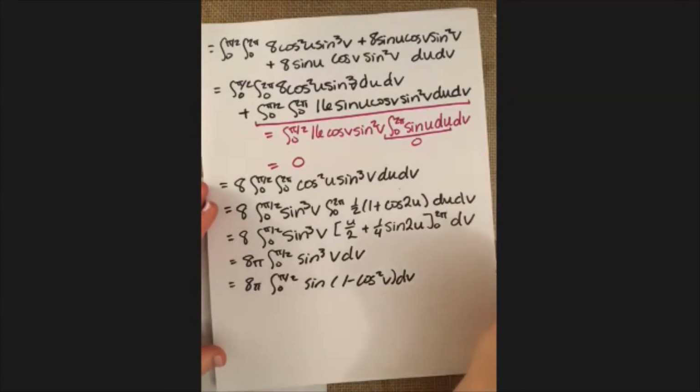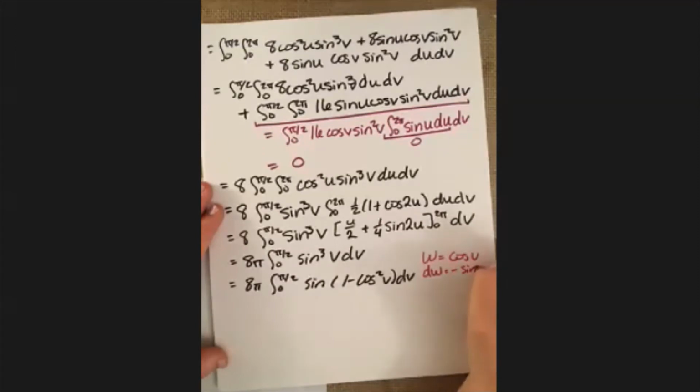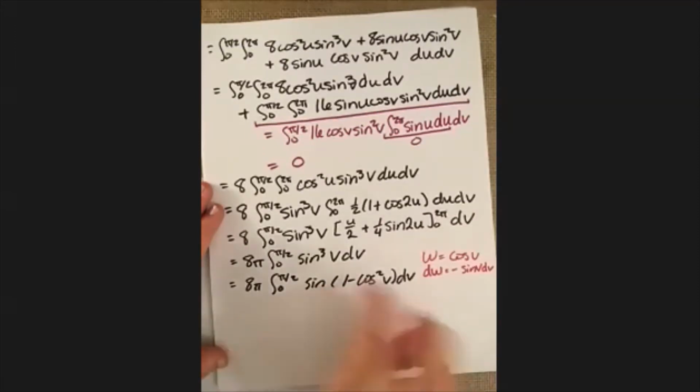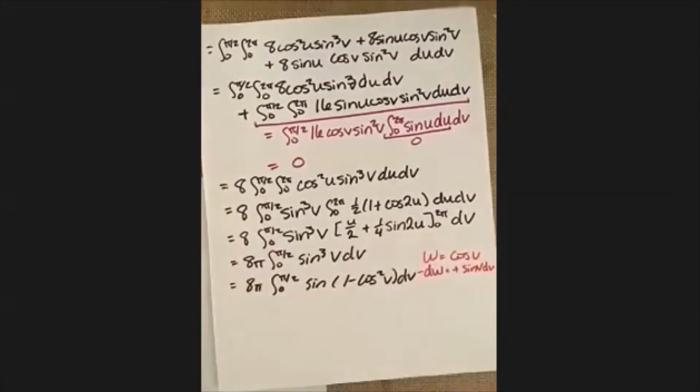I guess, we've already used the letter u, so we'll use the letter w equal to cosine of v. Then dw is equal to negative sine v dv, and I've got that right here, although I need to swap my negative around like so.